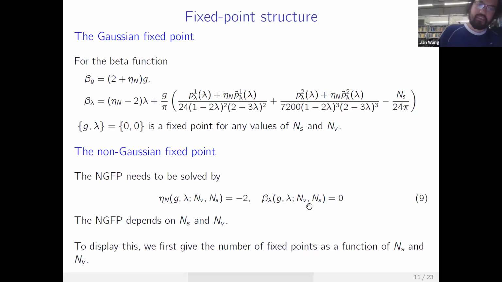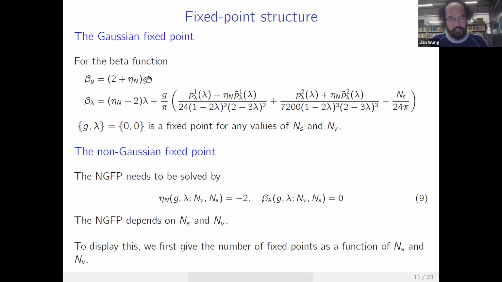After we have the beta functions, we can determine the fixed point structure of the system. First, we can look at the Gaussian fixed point of the system. From the beta functions, we can directly say that G equals 0, lambda equals 0 is a fixed point of the system, since the right-hand side just vanishes.